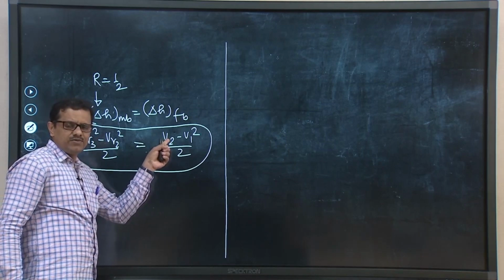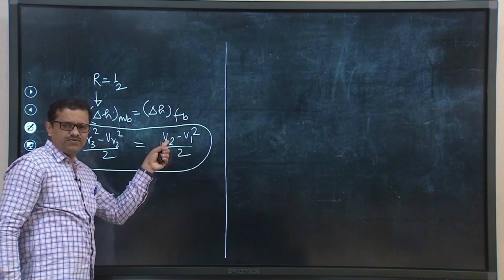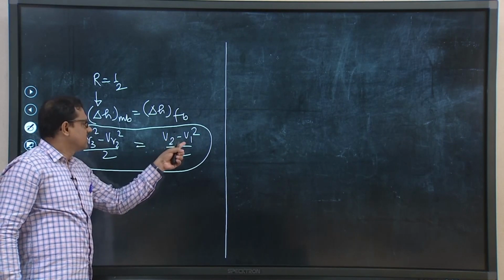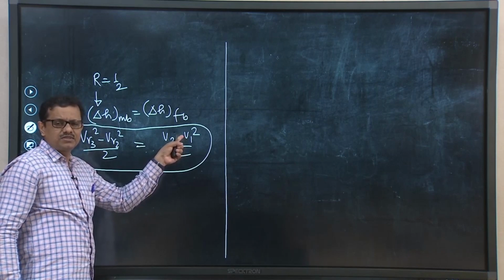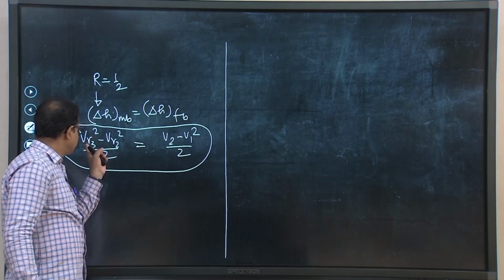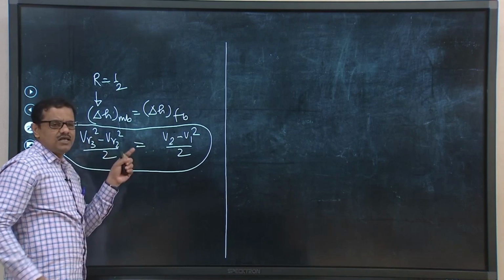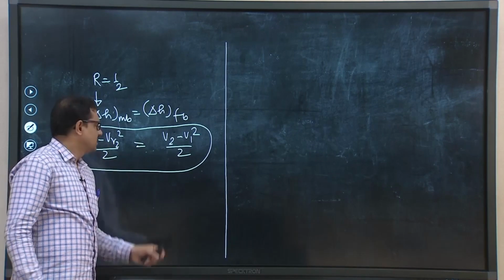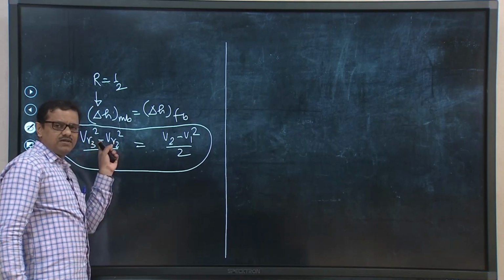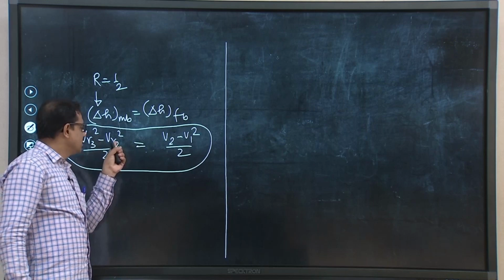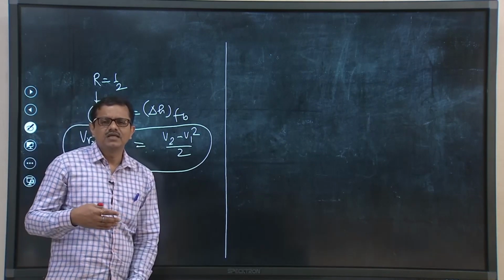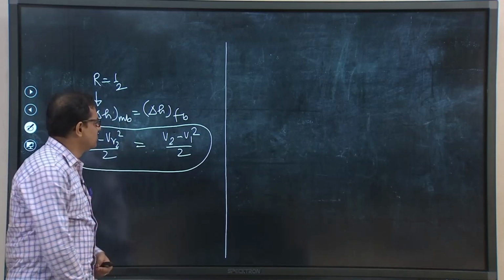V2 is the absolute velocity of steam leaving the first row of nozzles, and V1 is the absolute velocity of steam entering. VR3 and VR2 are the relative velocities of steam. VR3 is the relative velocity of steam leaving the first row of moving blades, and VR2 is the relative velocity of steam entering the first row of moving blades.